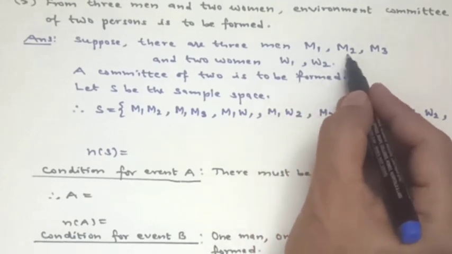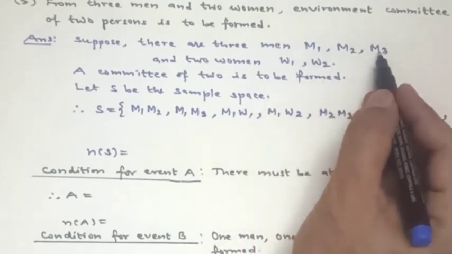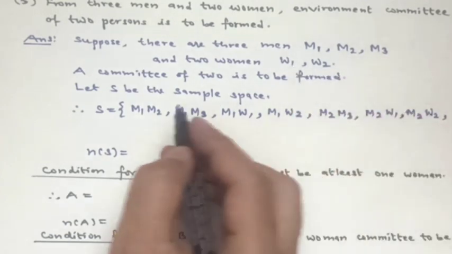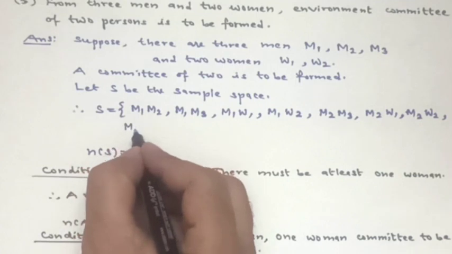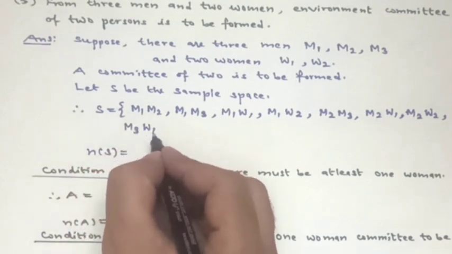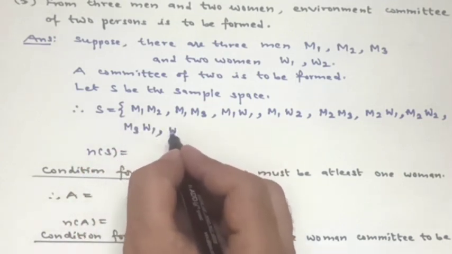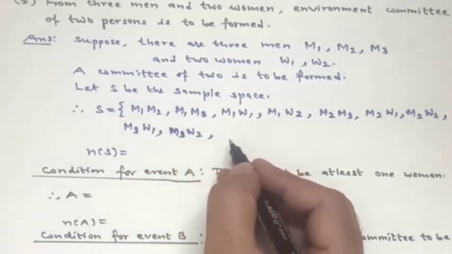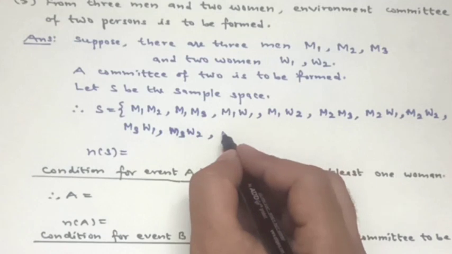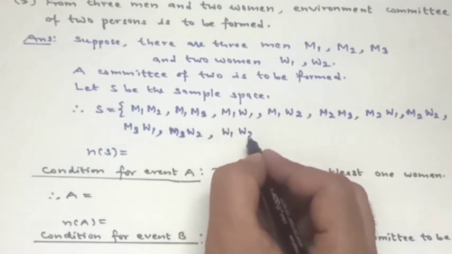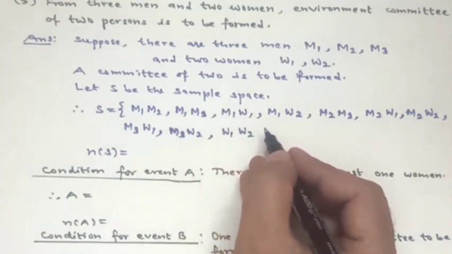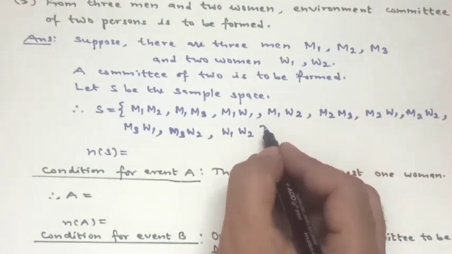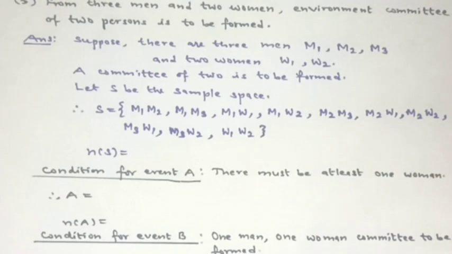When you take M2, go to M3, W1 and W2. When you go to M3, you have W1 and M3 with W2. When you take W1, you can go to W2. When you take W2, any answer is not possible, so you stop.